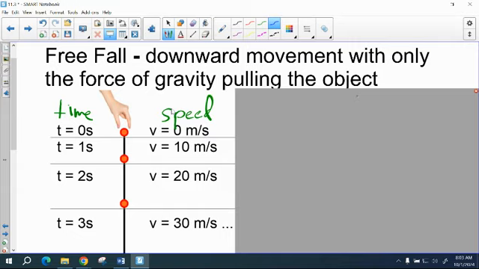But at 0 seconds, my velocity, the instant I let go of that little ball, it's going to be 0 meters per second. After 1 second, my velocity will be about 10 meters per second. After 2 seconds, my velocity will be about 20 meters per second. After 3 seconds, my velocity will be about 30 meters per second. Okay?